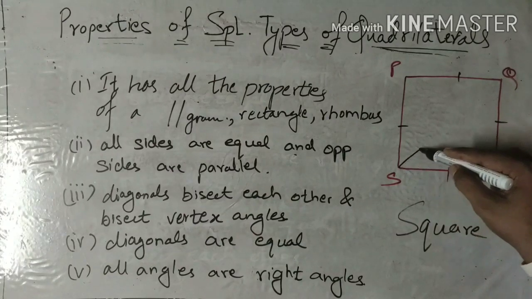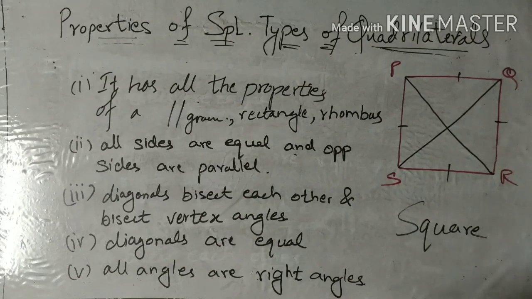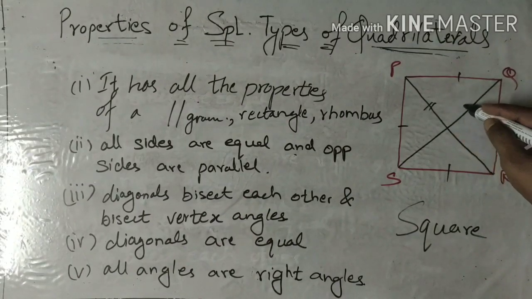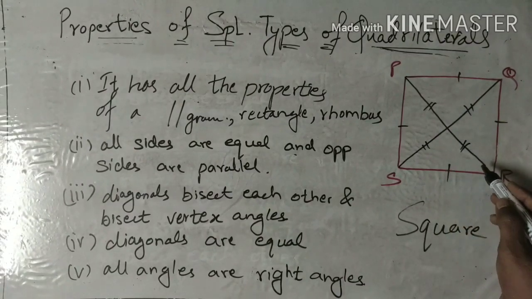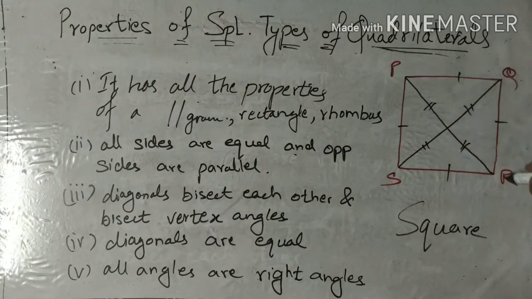That means if I draw diagonals PR and QS, they bisect each other. They are equal also, plus they bisect these vertex angles.